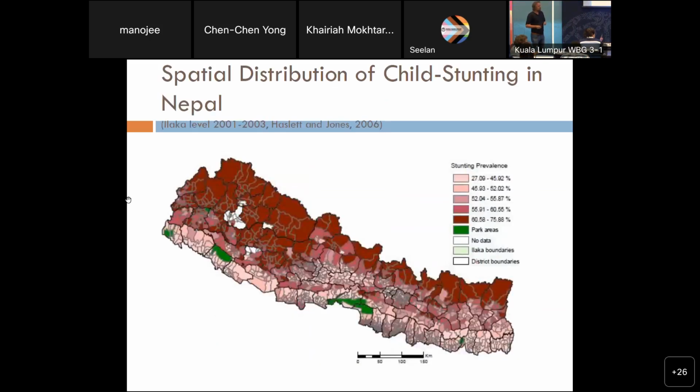Now, this is a map where the DHS comes into play. It doesn't have to be poverty that we're mapping. What we're mapping here, for example, is malnutrition, stunting prevalence. Here, again, the method is the same. With poverty mapping, the maps of Ecuador and Vietnam, there is a household consumption survey.